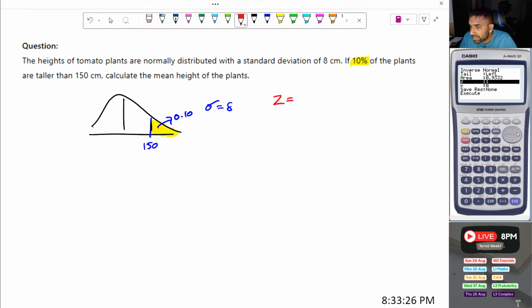So I'm just going to exit here, and if I go left side, I would need to make this 0.9. And that's equal to 1.28. But if I had decided to go with the right side, I would actually put this as 0.1.